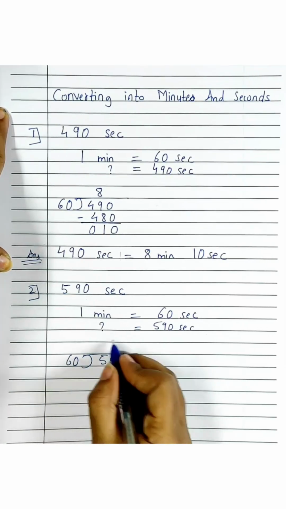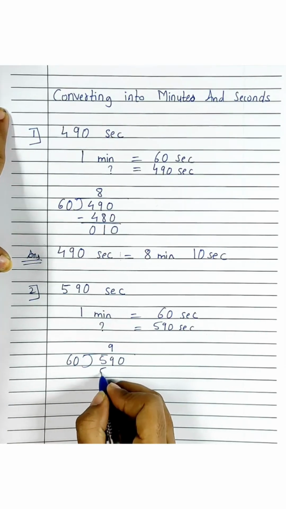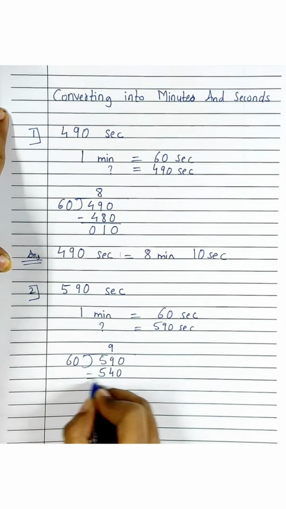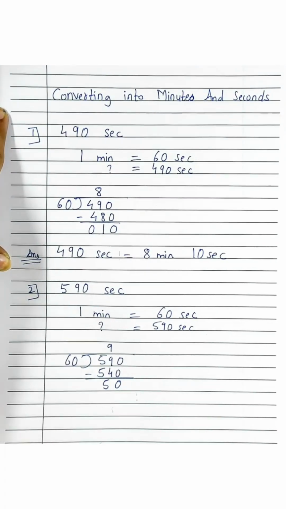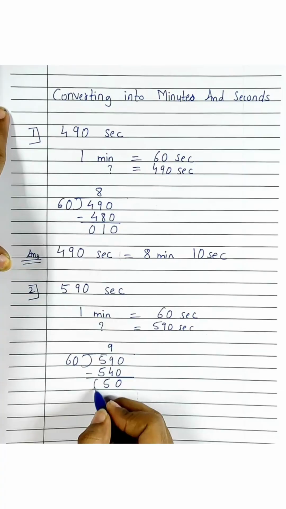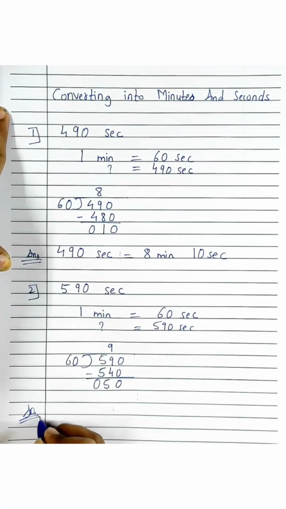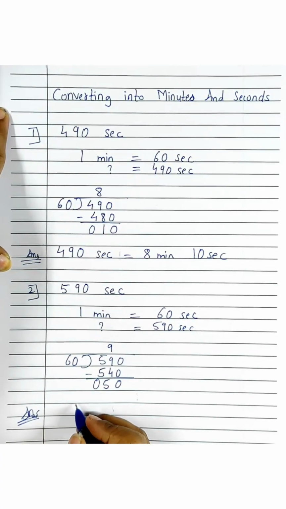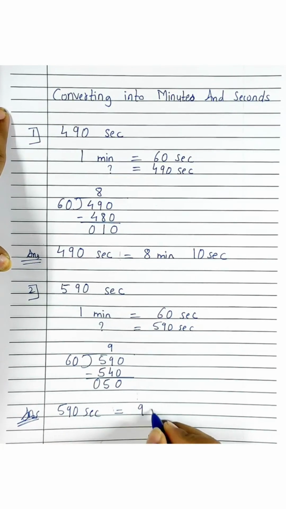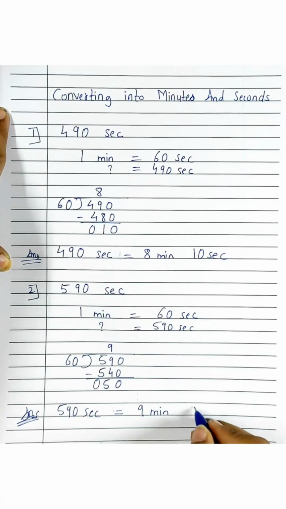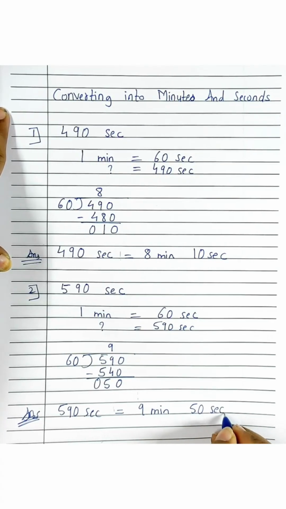So 60 nines are 540. So the answer is, yes, 50 is your remainder. So how will you represent it? 590 seconds includes how many minutes? 9 minutes and 50 seconds.